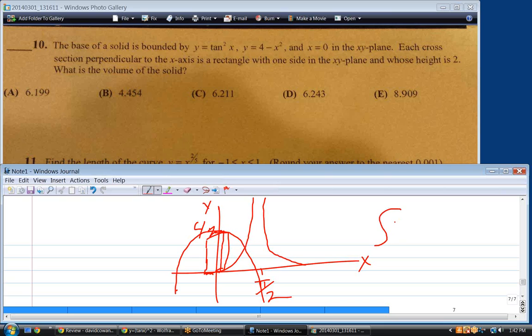the area, which is 2 times the difference in the functions. This function is on top, so it's 4 minus x squared minus tan squared of x. This bottom function is tan squared of x.